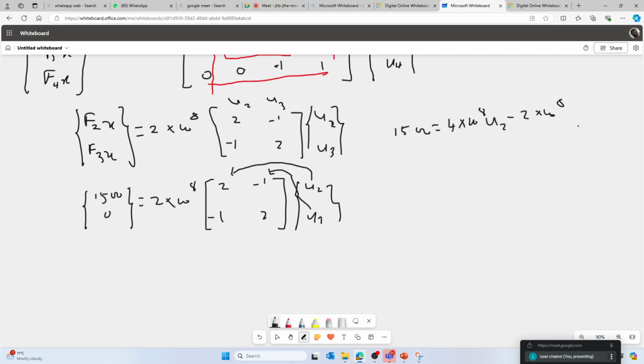You have u3. So this side will be 0 to be equal. Same thing, guys. u2 multiply this, u3 multiply this.